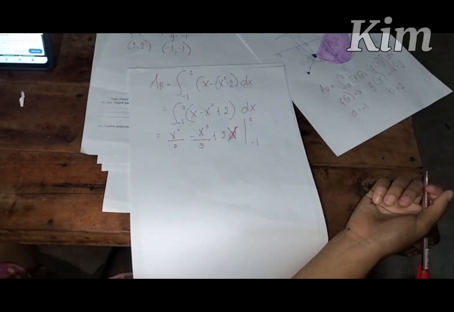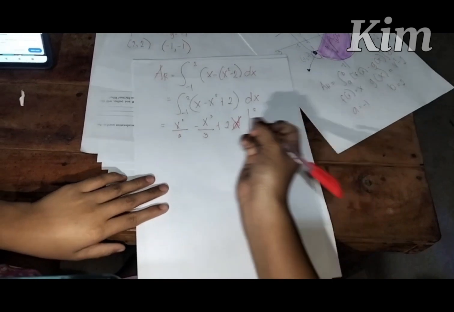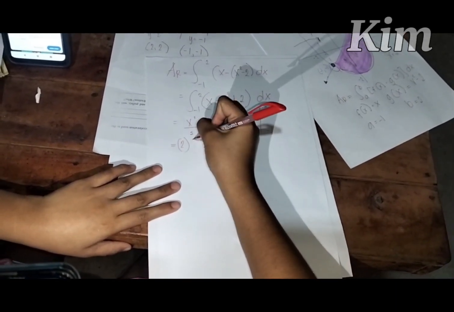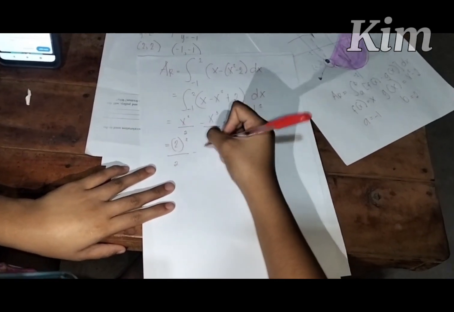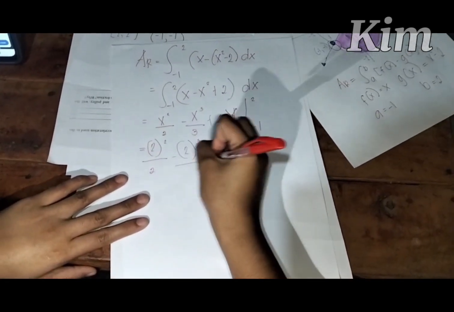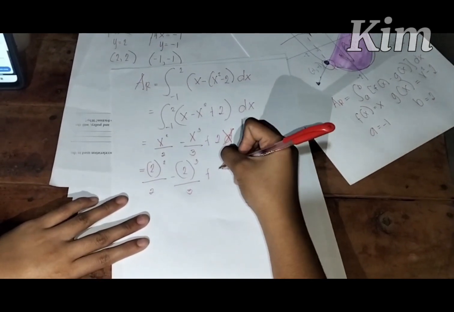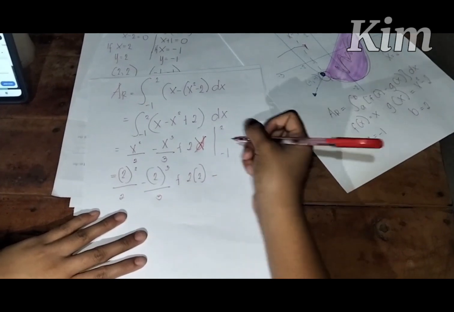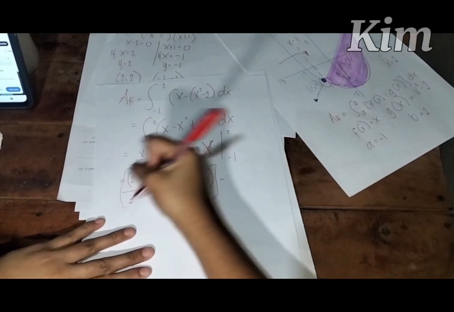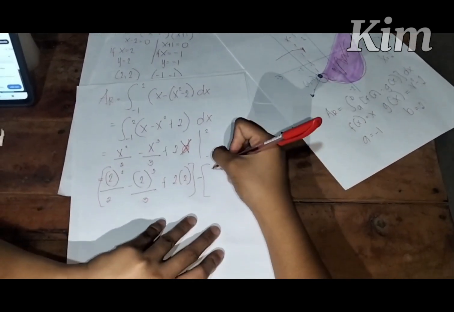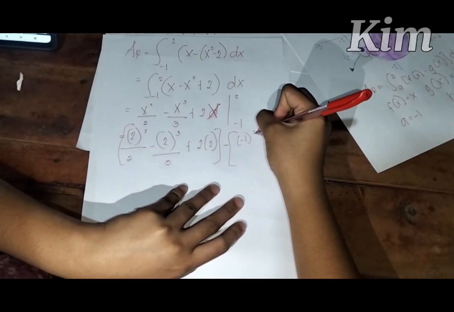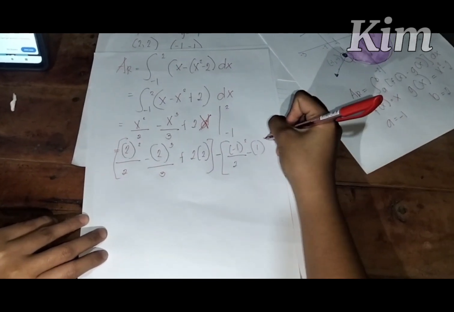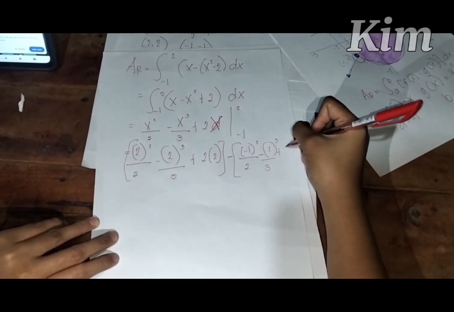Apply the fundamental theorem. Substitute 2 for x, so it will be 2 squared over 2 minus 2 cubed over 3 plus 2 times 2. Minus this, we use the lower limit, which is negative 1, so that is negative 1 squared over 2 minus negative 1 cubed over 3 plus 2 times negative 1.